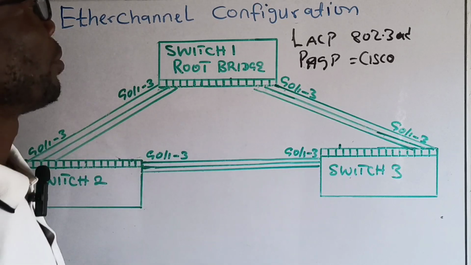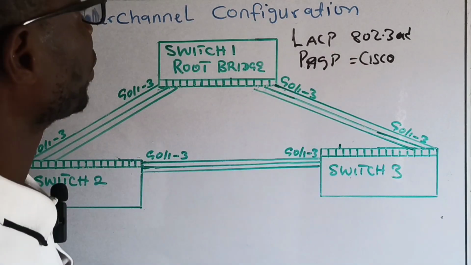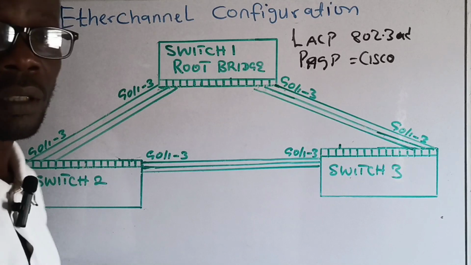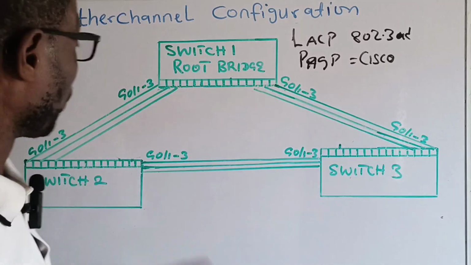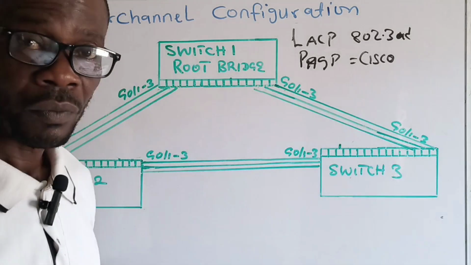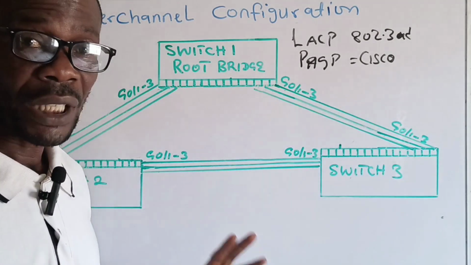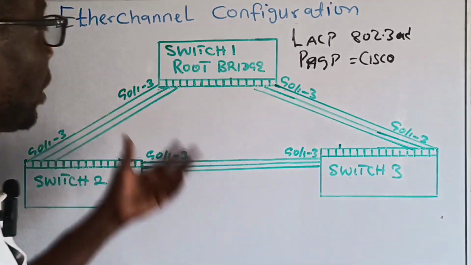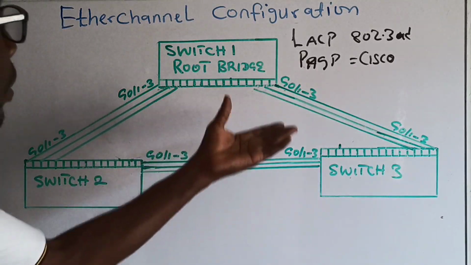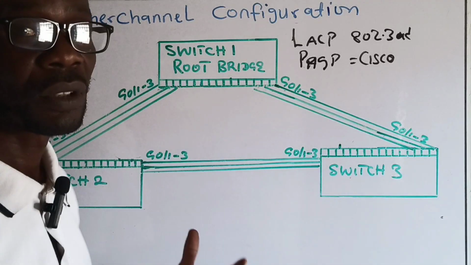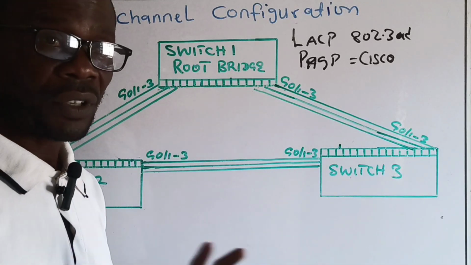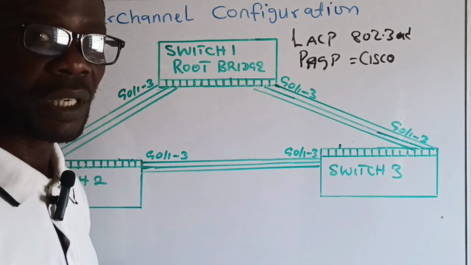With this industry standard Etherchannel, one side of the switch must be active and one side must be passive to form the Etherchannel link. We have three different links, and each one is configured with a different number.